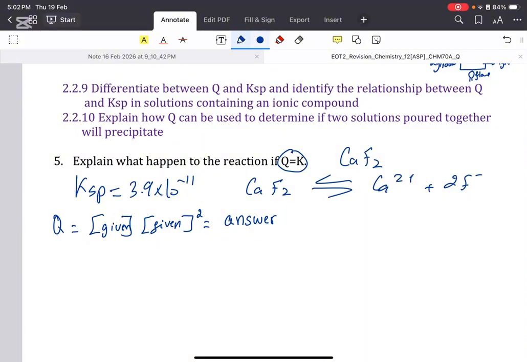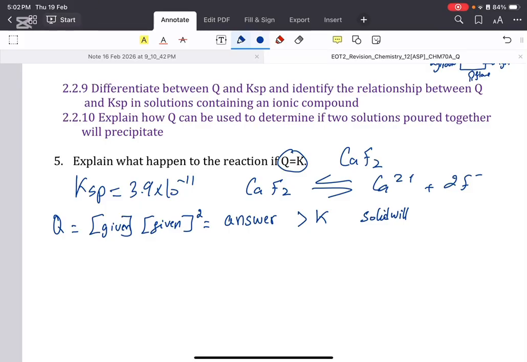If I calculated them and I get an answer, this would be called Q. It will take the same formula of K. Okay? So if I calculated them and I got an answer that is larger than K, I would say that with those concentrations, a solid will precipitate.